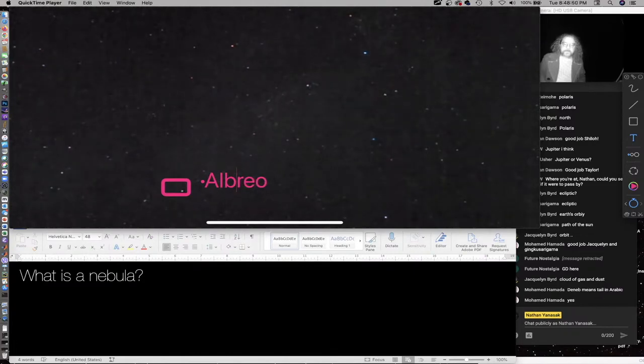Albireo is one of the prettiest double stars in the sky. You might say that it sort of celebrates the Ukraine at this point, because one of them is a very blue star and one of them is yellow, and it's just striking to see them together. Very, very striking.